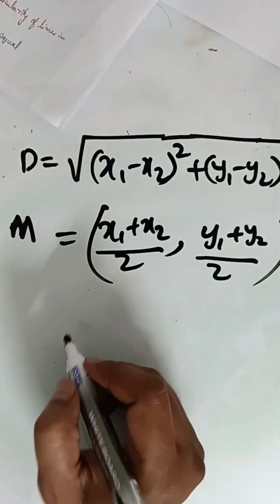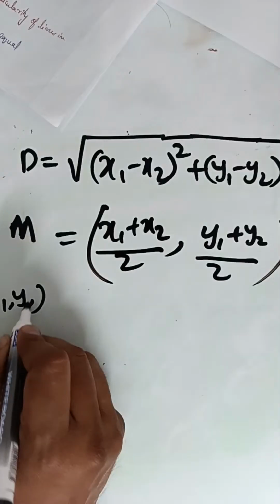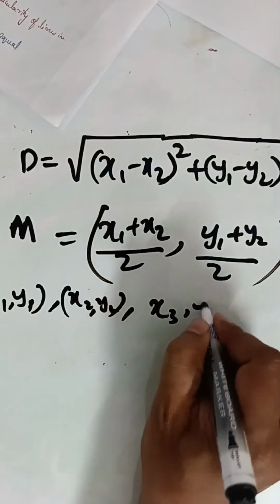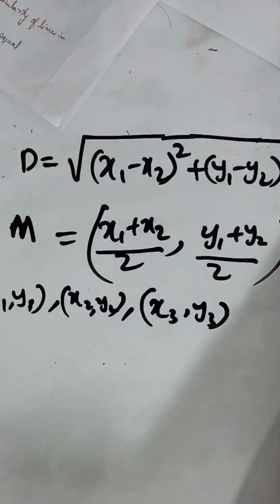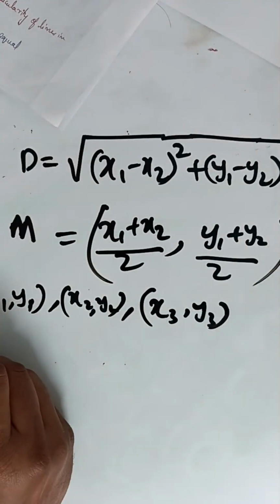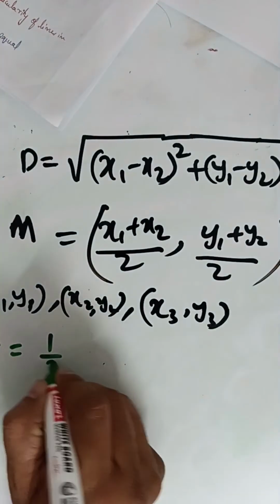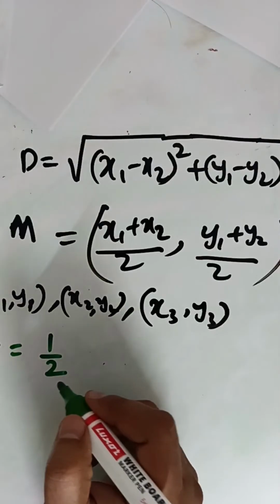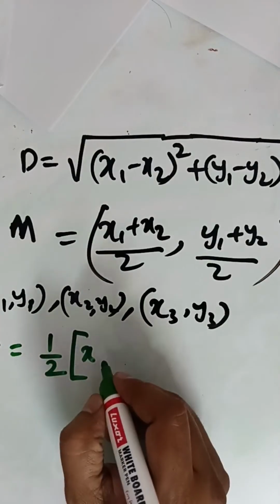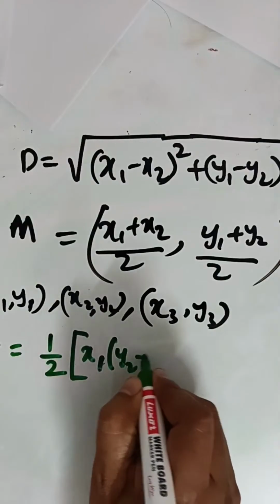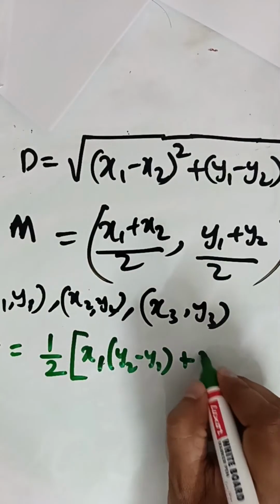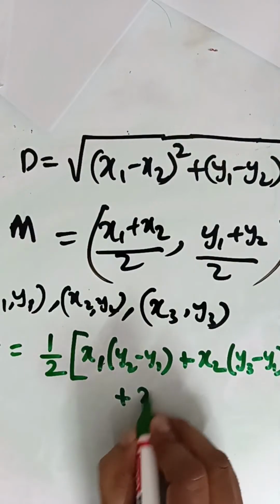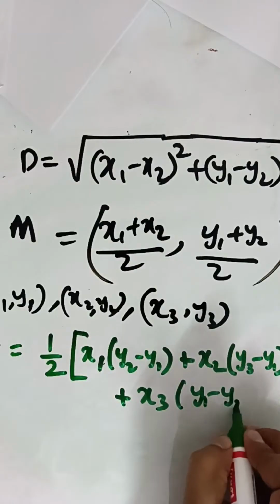The area of a triangle when three vertices x1 y1, x2 y2 and x3 y3 are given is half of x1 times (y2 minus y3) plus x2 times (y3 minus y1) plus x3 times (y1 minus y2).